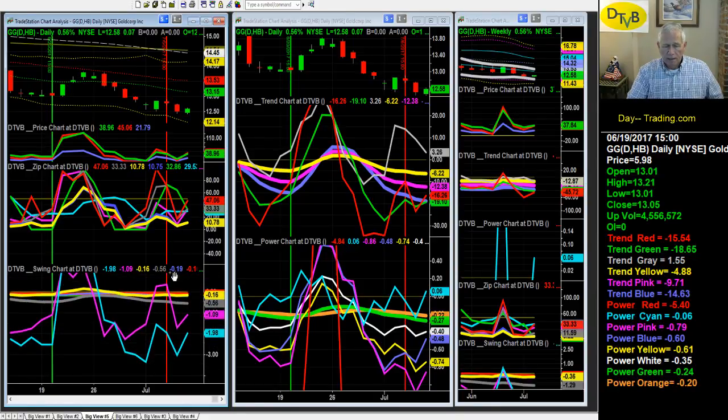On the red vertical line, we have zip pink highest and in a low angle up, and we have divergence in swing. I said zip, I meant in swing pink we are in a low angle up, and in swing Zion we are in a low angle down.